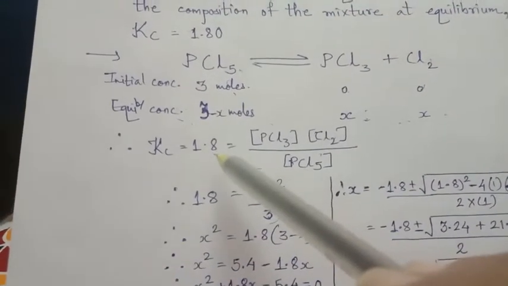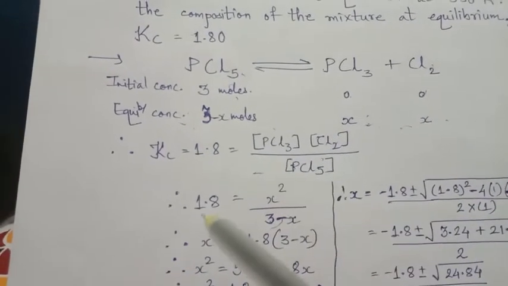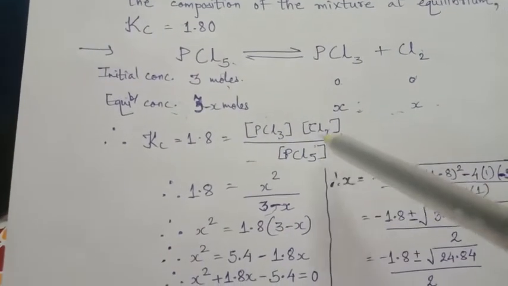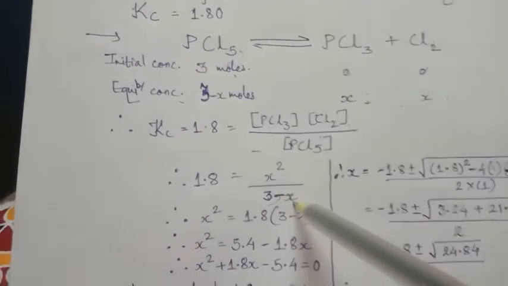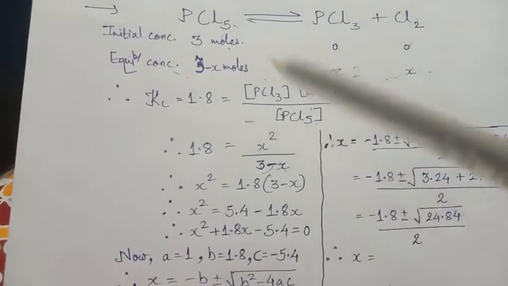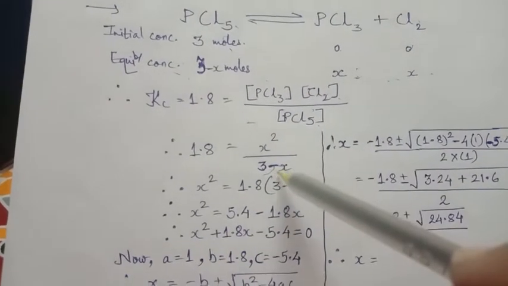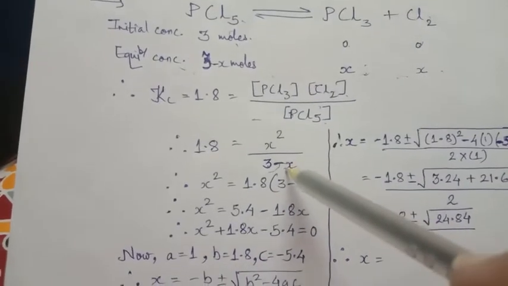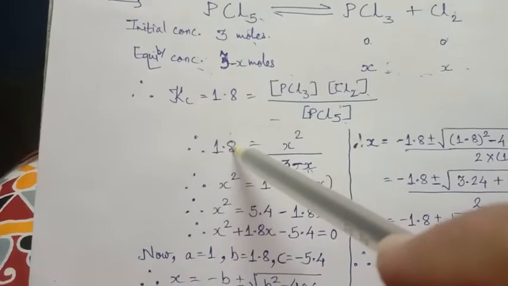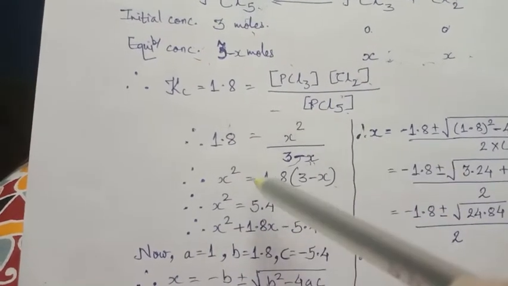Substituting the values, 1.8 is equal to x multiplied by x, that is x square, upon 3 minus x. As you did in your 10th standard in quadratic equations, please cross multiply, so the denominator goes to the numerator on the other side. So 1.8 multiplied by (3 minus x) is equal to x square.